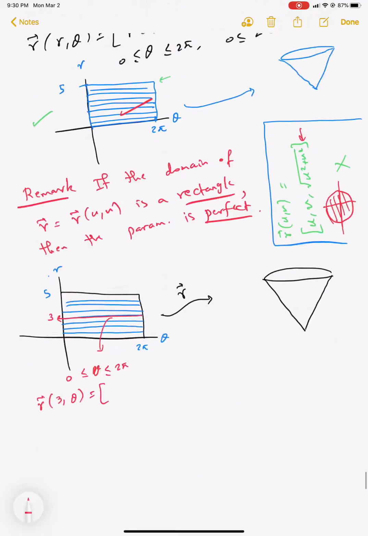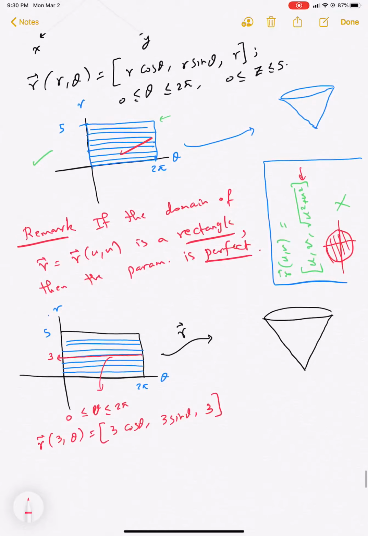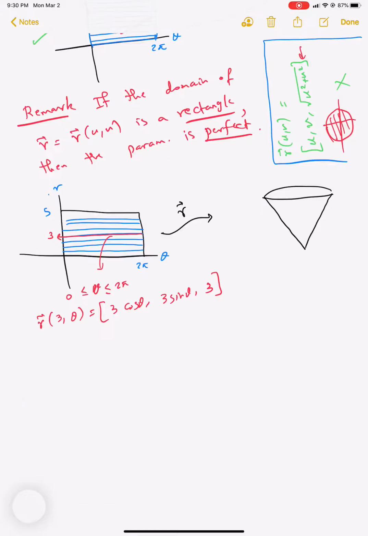If you go back to the parameterization and replace r by 3, you get 3 cosine theta, 3 sine theta, and 3. Now, what is this exactly? If you look at the x, y coordinates and square them, x squared plus y squared is 9, that means this is a circle of radius 3. But at the same time, z is equal to 3, this is the height. So basically, this line is mapped into a circle of radius 3 at height 3.